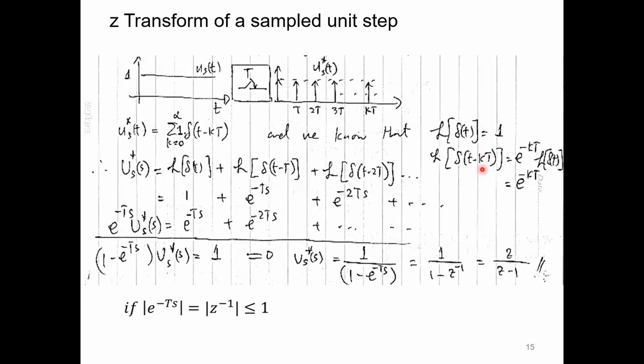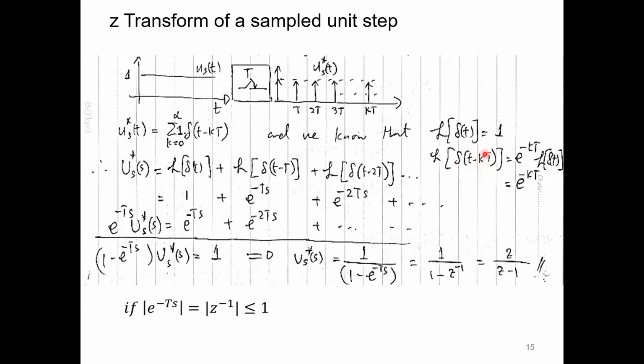there is a theorem called the time shift. You know that, right? The time shift theorem says in Laplace that if a function is time shifted, its Laplace transform is constructed using the Laplace transform of the unshifted function.